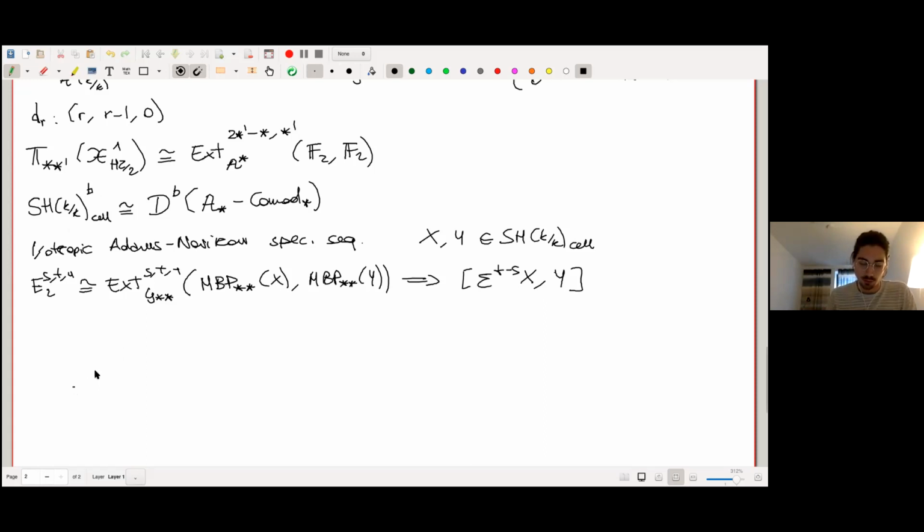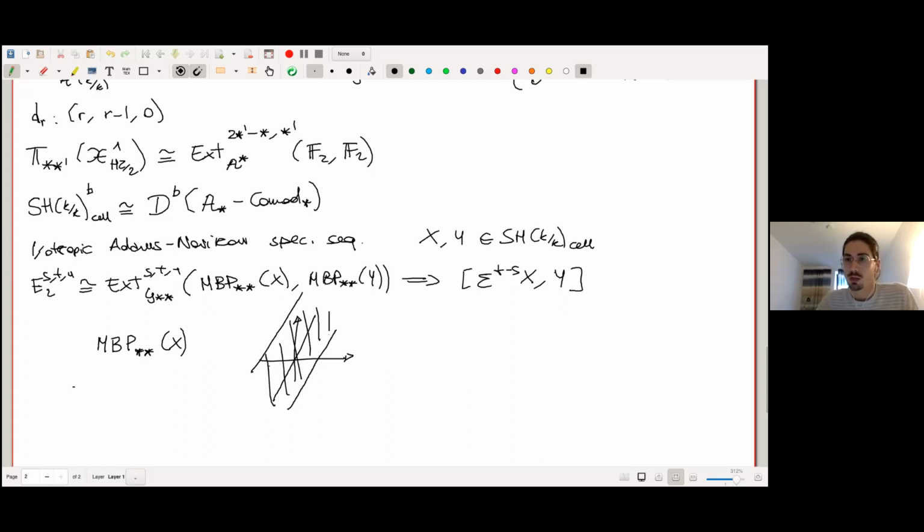For example, we take MVP star star of this X, and the assumption is that we can start with Chow degree 0, which is just the Tate line, and then there is some finite stripe in which this MVP homology is concentrated. This is the boundedness condition.